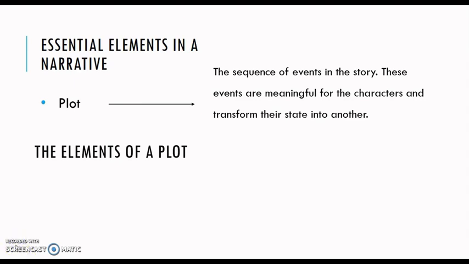Elements help us organize the events in a way that is meaningful and makes sense. We usually use this diagram or graph to explain how the elements should be sequenced.